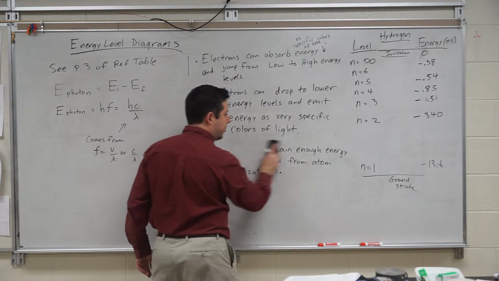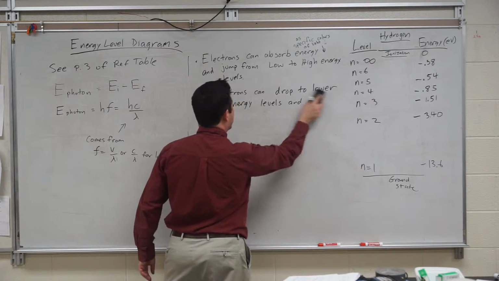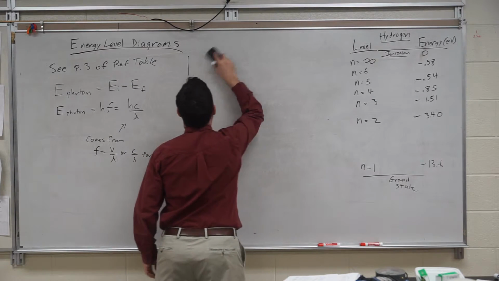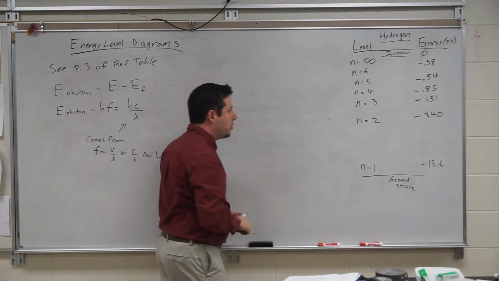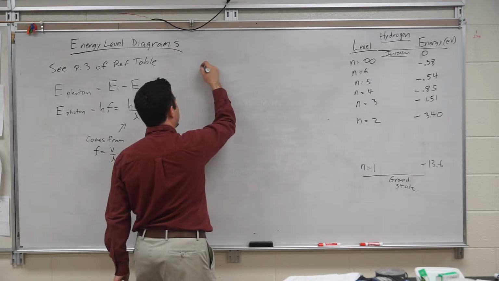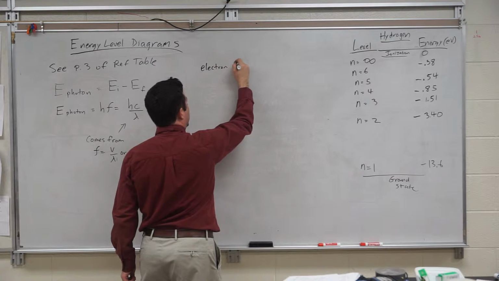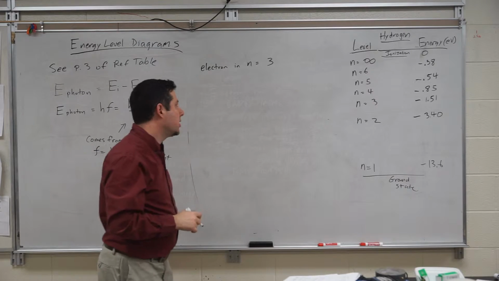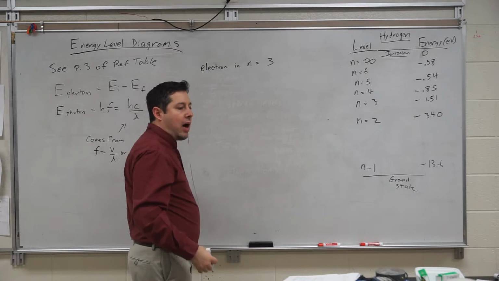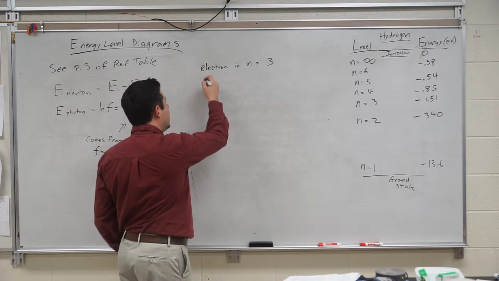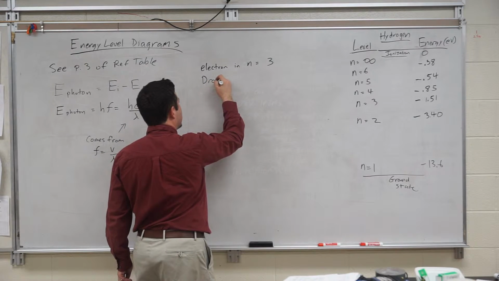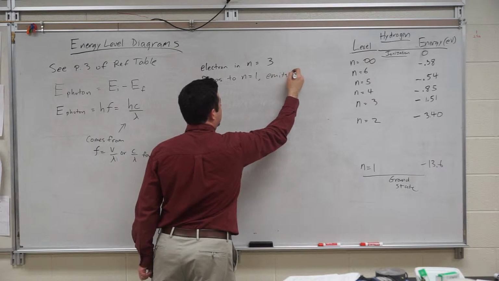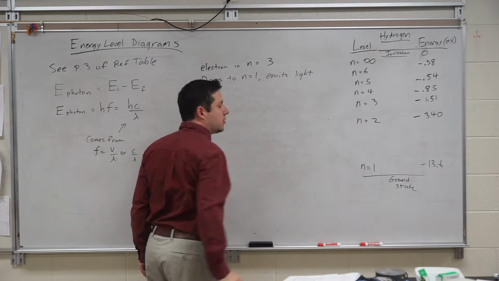And so let's think about these transitions. Let's start with a simple example: say you have an electron in n equals 3, and we want to figure out what kind of emissions it will give off as it drops to n equals 1 and emits light.